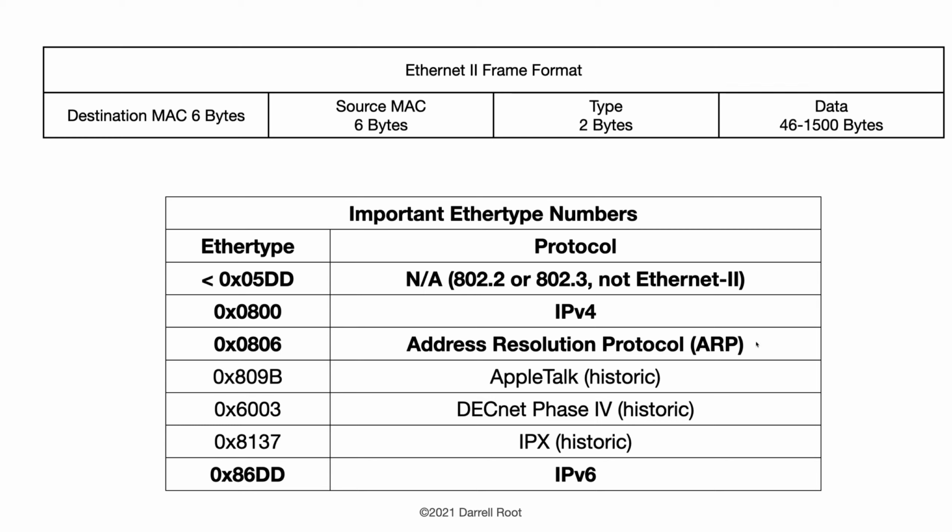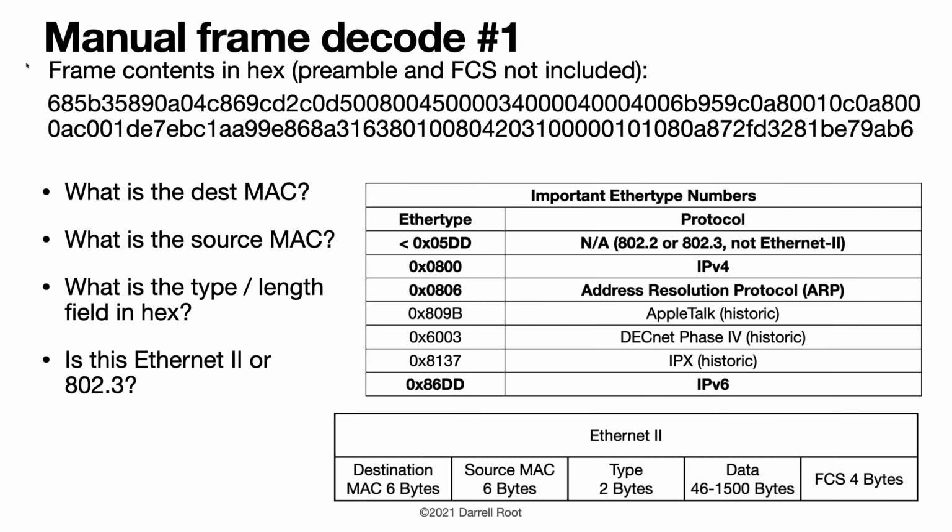And occasionally, on some networks with older systems on them, you might find some of these other protocols. You might see some historic IPX, or if you have a really old Macintosh, you might see some AppleTalk. So it's interesting that you could run multiple layer 3 protocols on top of layer 2 Ethernet.